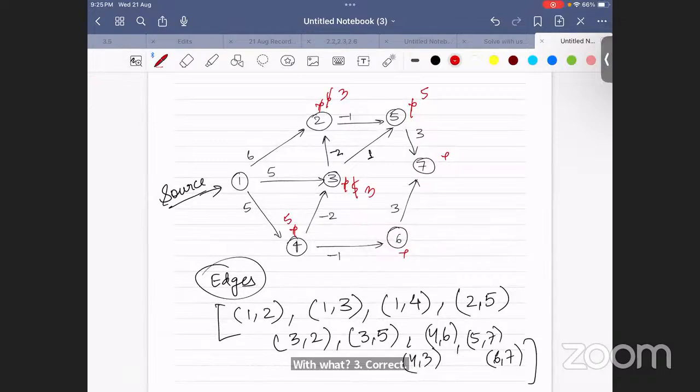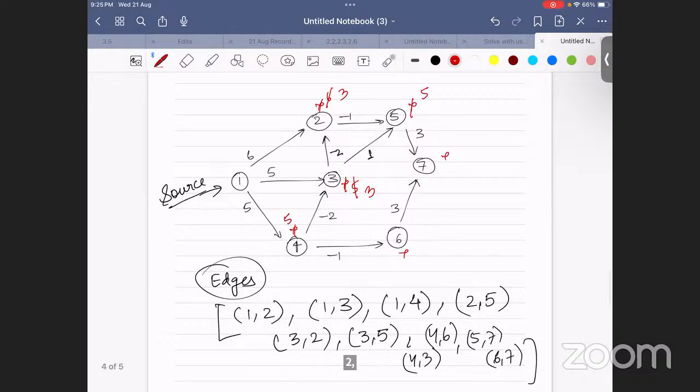So the next one is 4, 6. Where is the weight for edge 4, 6 here? Sir, you can't change this 2 to 5. Why can't I change? I changed it: 5 minus 2 is 3, right?